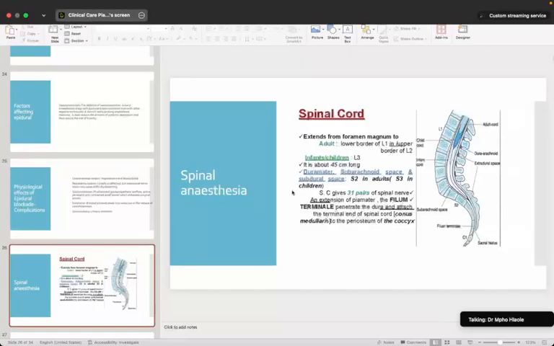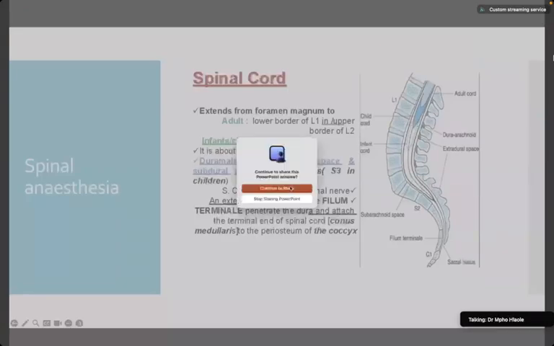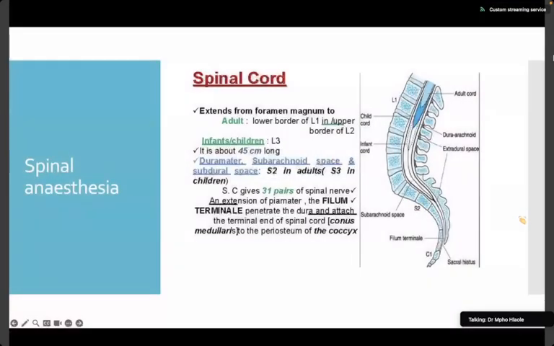So you don't have a good block, and the dose you're injecting is effectively way lower, so the level of blockage is way lower than what you want.